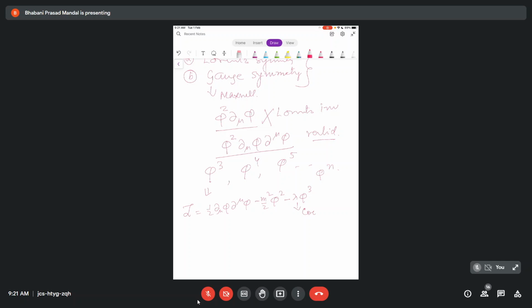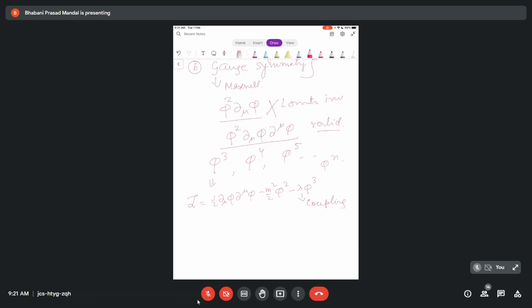It is known as the coupling. How they couple to each other is given by this lambda, which is a number. But now I'm going to tell you that this is not possible. There are some arguments which I'm going to give you.